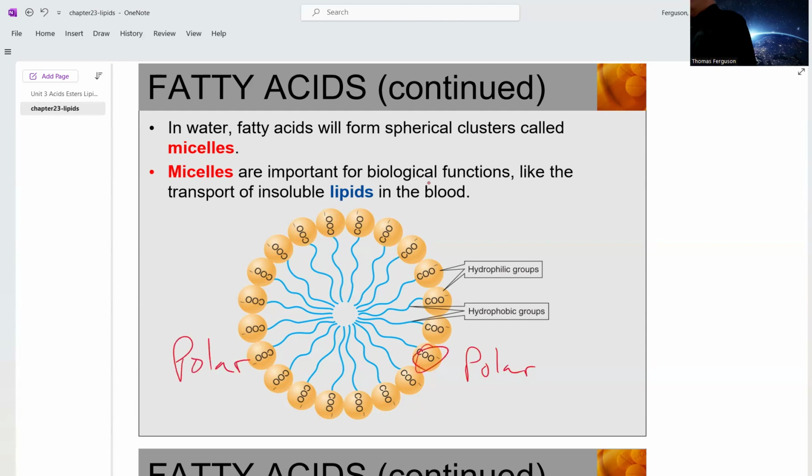Hence the polar part, the surfactant, and the polar solvent are with each other.